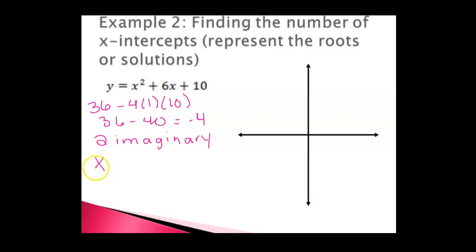So its axis of symmetry is negative 6 divided by 2a. So it's still symmetric through negative 3. But now my y-intercept is positive 10, which means it also goes through negative 6, 10.